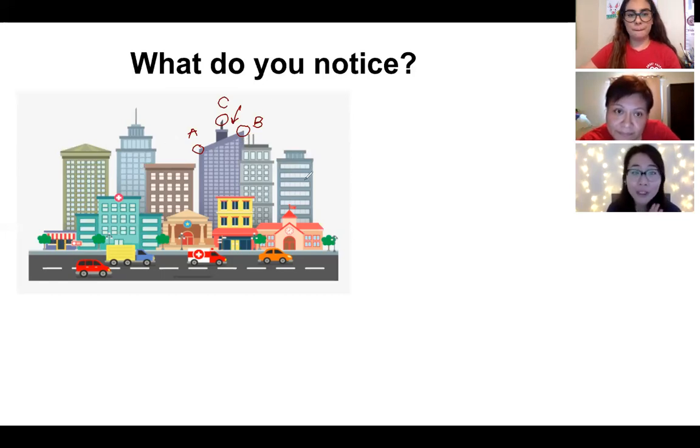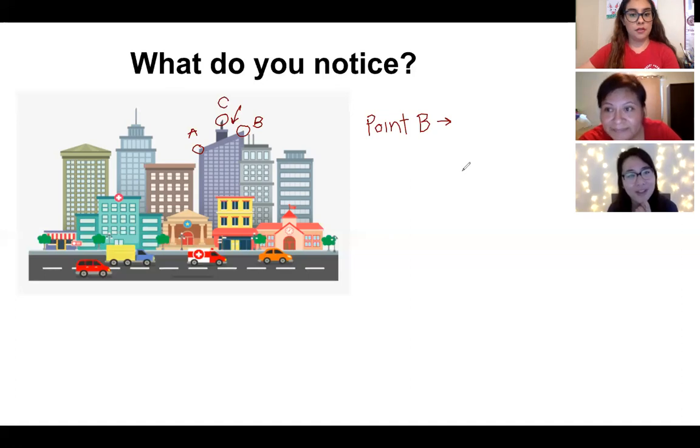So I'm not really sure, so I'm just going to be brave and share my thinking. I would say that the top of the building would be point B, because looking at this picture, I'm not even sure if C is part of the building for sure, because it could be a building behind the purple building. But I know for sure it's not A. So I'm torn between point B and point C. Ms. Rosales, do you have a clarifying thought?